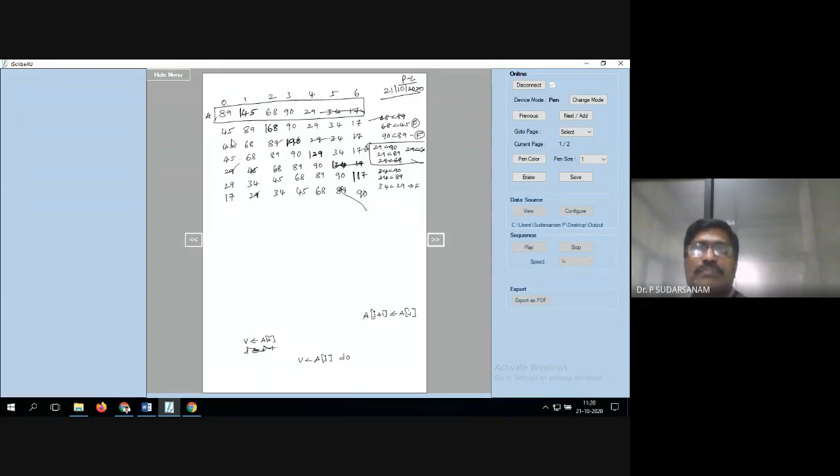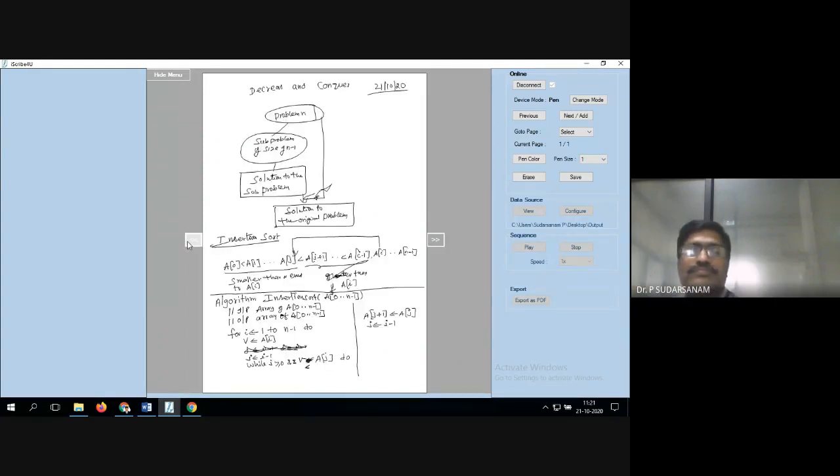Since the condition becomes false when comparing here, write it here: A of J plus 1 is equal to V. End.